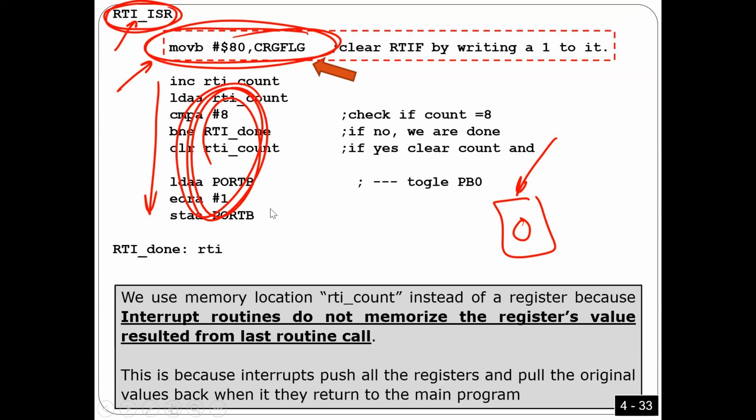For most of our programs it may not be a big deal, and it may not matter if you put it here or here, but my advice is to put it here so that you put 0 here at this point. So if there is any interrupt, it comes before you clear it. So at any time here, if there's an interrupt, it's going to be recorded, so that when you go to the main program, you are going to capture this interrupt.